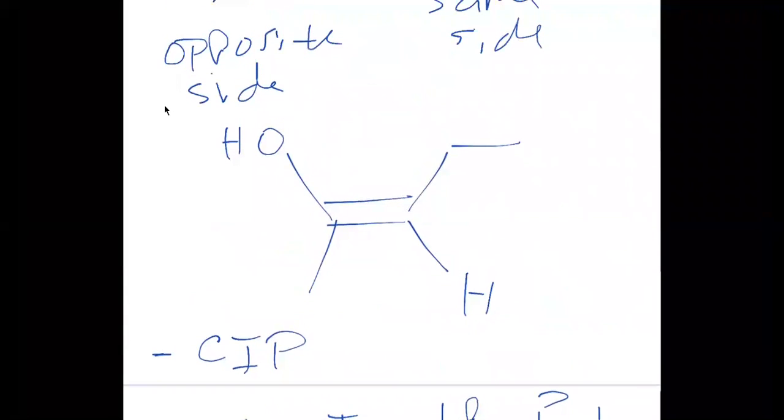Right. So what you do is on each side of the alkene, you compare the priorities of the groups. And priority is based on atomic number. So for the right side, you have a carbon and a hydrogen, right? So for this side, carbon is high priority.